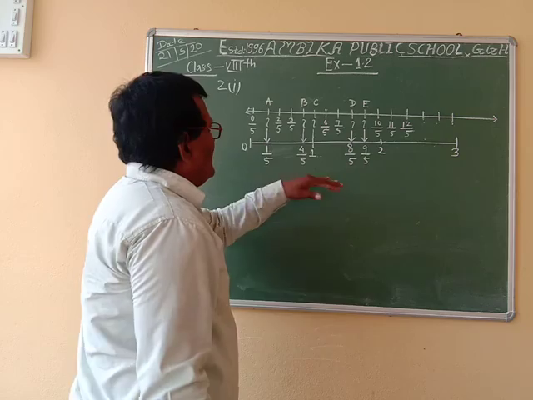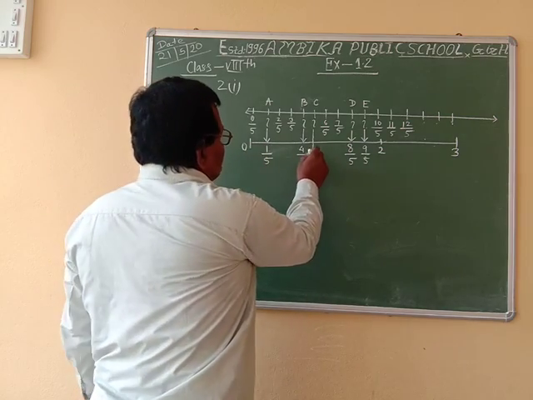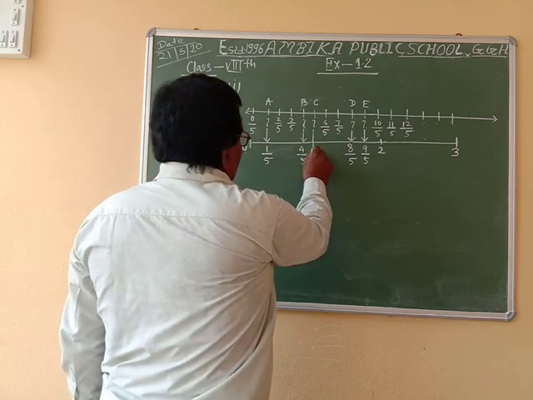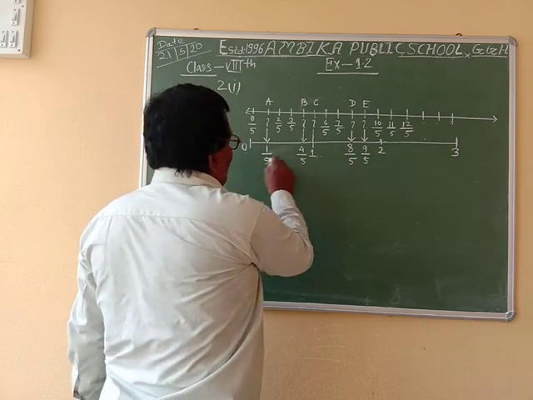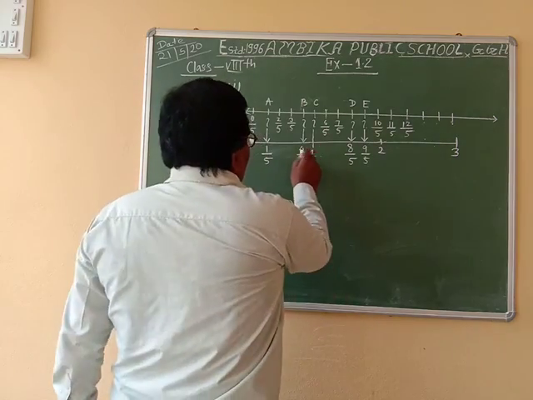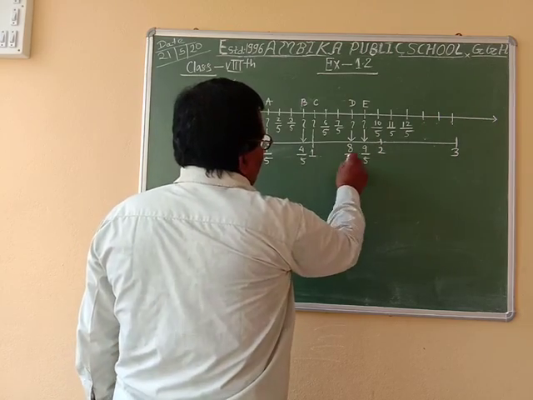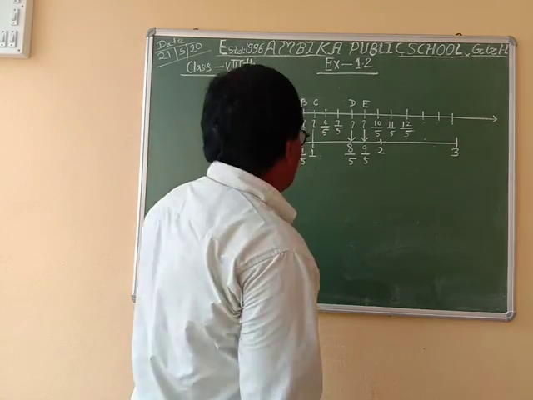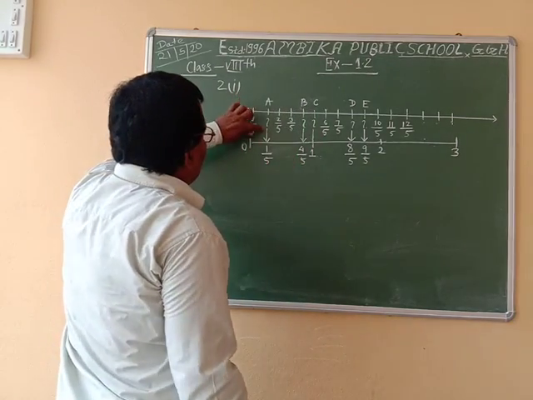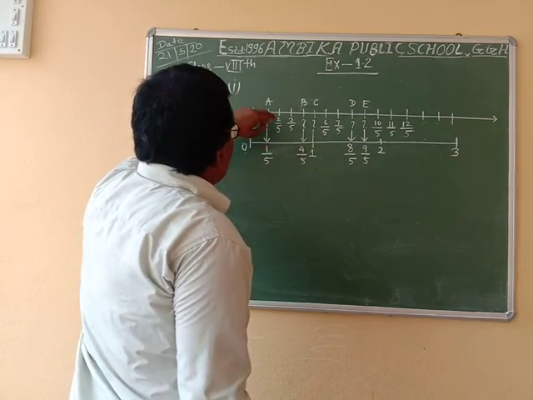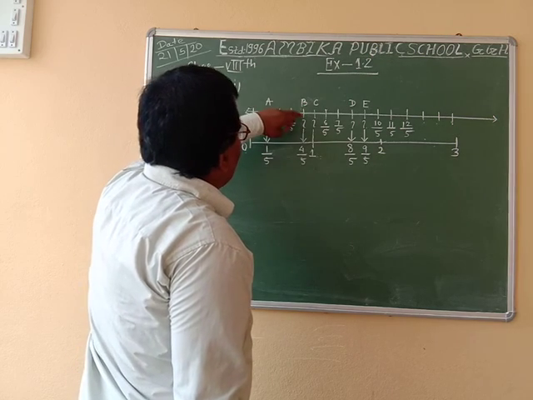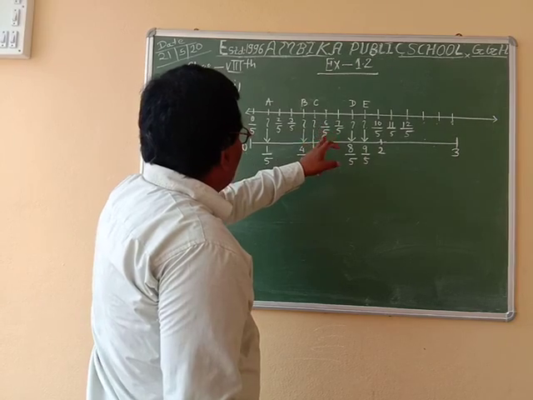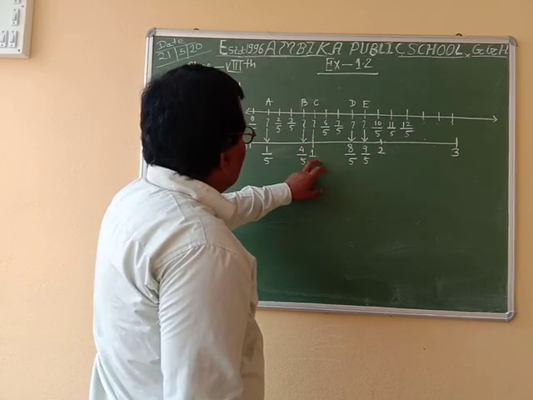We take a number line and we divide 0 to 1 into 5 parts, and 1 and 2 is divided into 5 parts, and 2 and 3 is also divided into 5 parts. So the first parts will be 1 by 5, 2 by 5, 3 by 5, and B will represent 4 by 5, and C will represent 5 by 5, equal to 1.